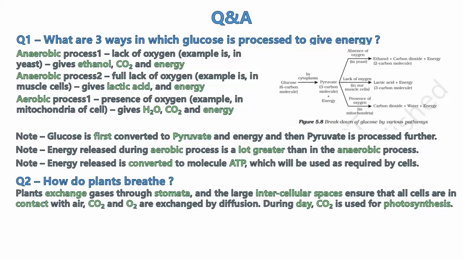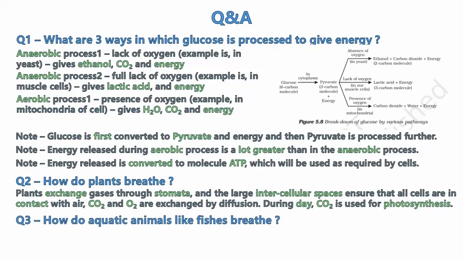So the plants exchange gases through the stomata holes, right? The holes called stomata, and the large intercellular spaces ensure that the cells are in contact with the air, and CO2 and O2 are exchanged by diffusion through this stomata. During the day, CO2 is used for photosynthesis.